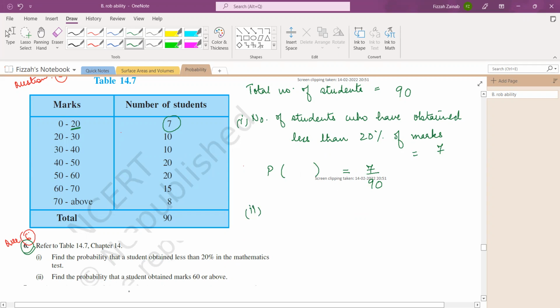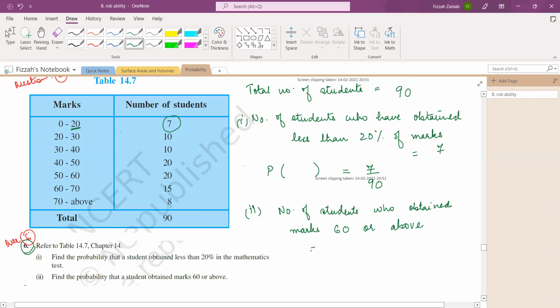Second part. Now find the probability that a student obtained marks 60 or above. So you need to tell me the number of students, first of all, who obtained marks 60 or above. Yes.